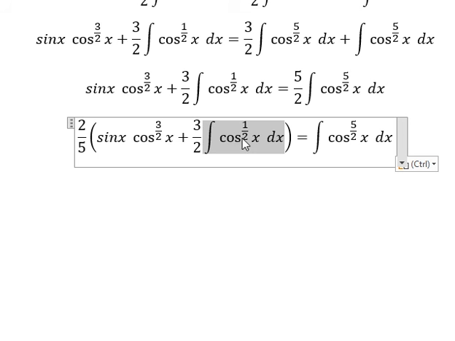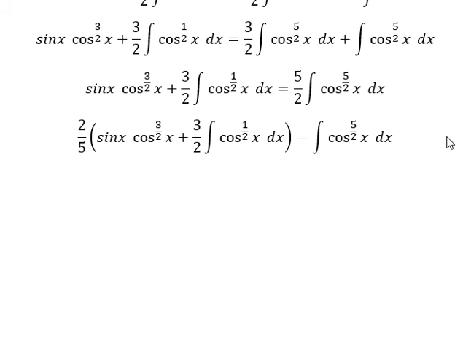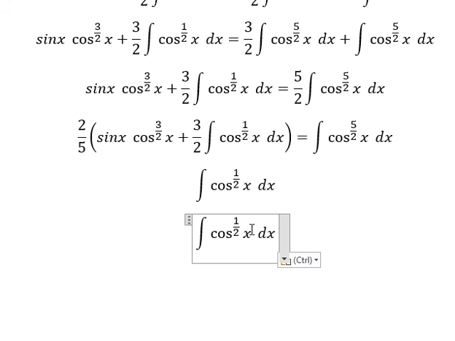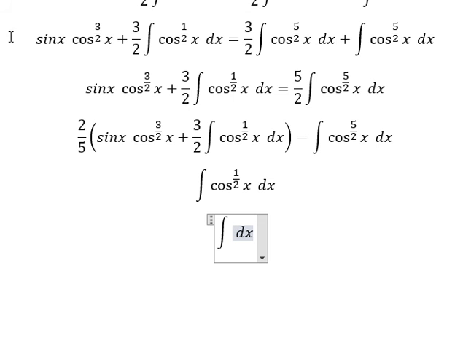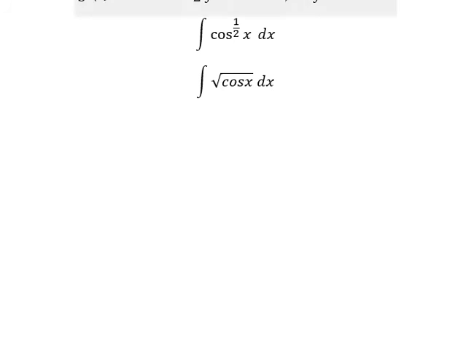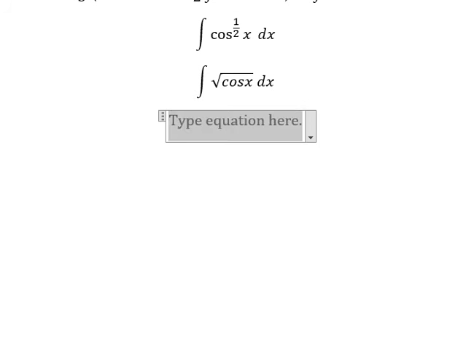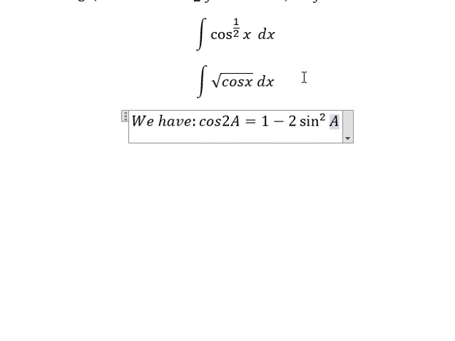Now, I will concentrate on this one only. So this one we can write into the square root of cosine s. Now, we have the formula in here. Cosine 2a equals 1 minus 2 sine a squared.